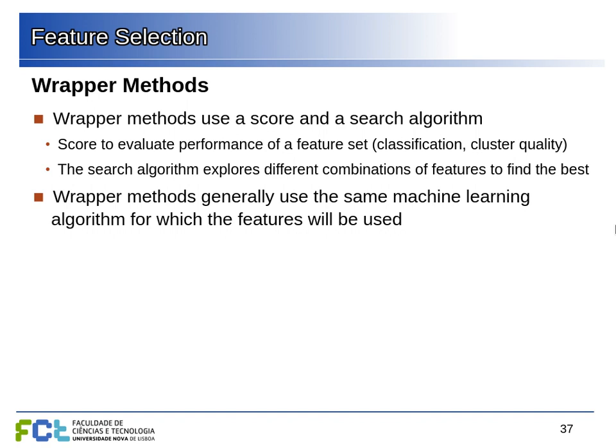So this is the idea of scoring the performance of a set of features, usually by a machine learning algorithm, and then having a search algorithm that will go through different combinations of features until we find the best set of features. So the best set of features in this case is actually measured by the performance of the algorithm, and that's why usually we use the same machine learning algorithm that we want to use in the end.